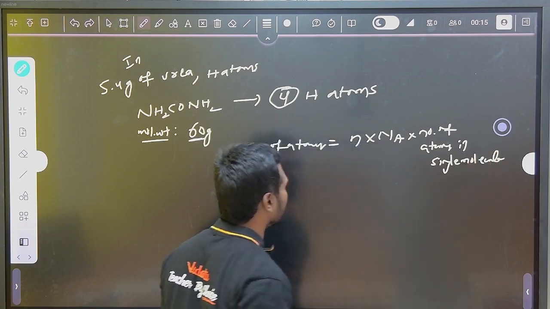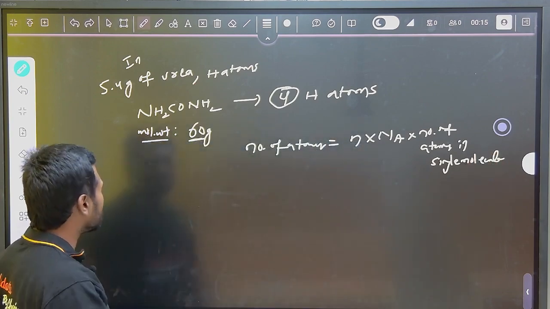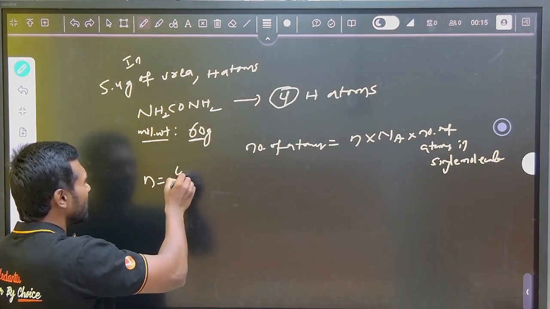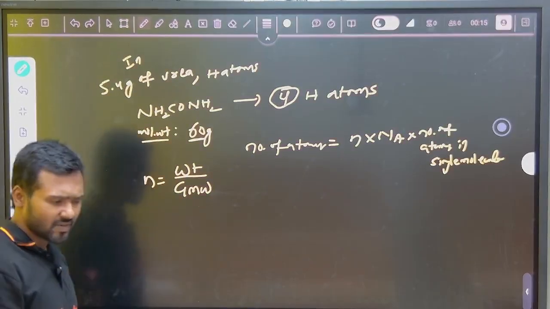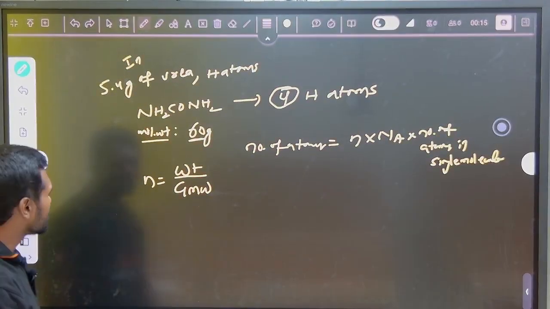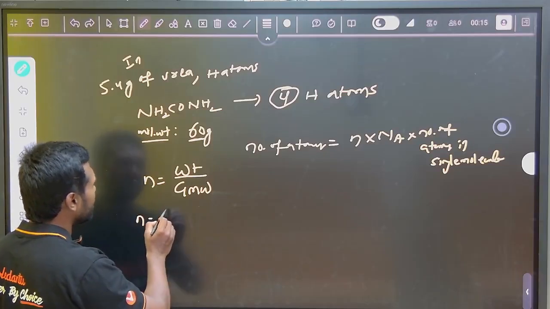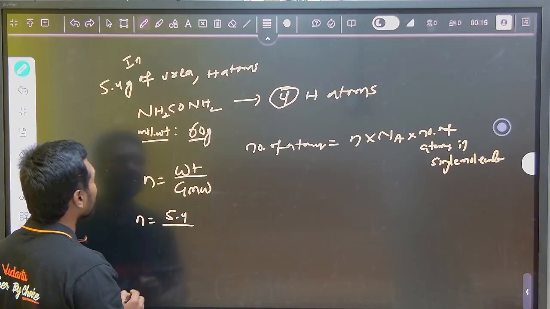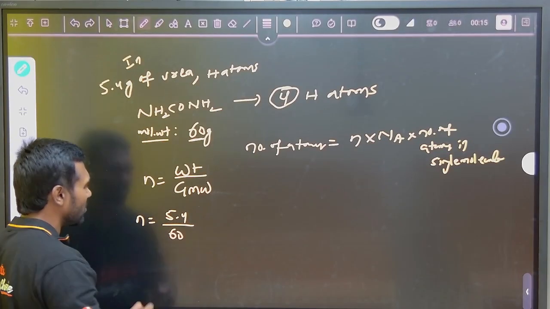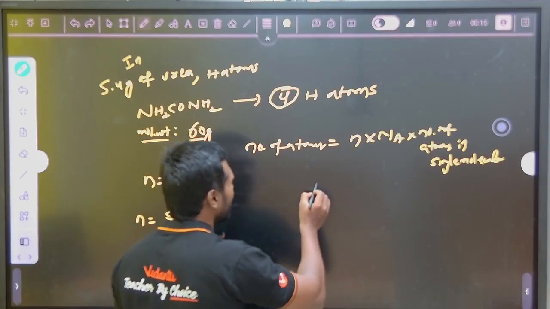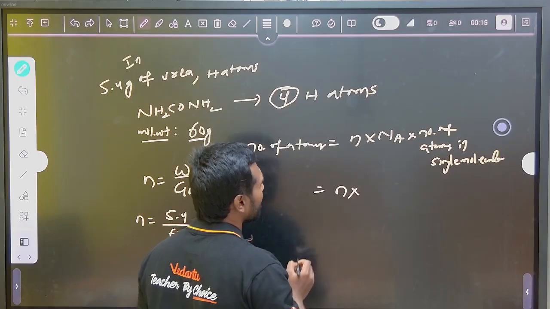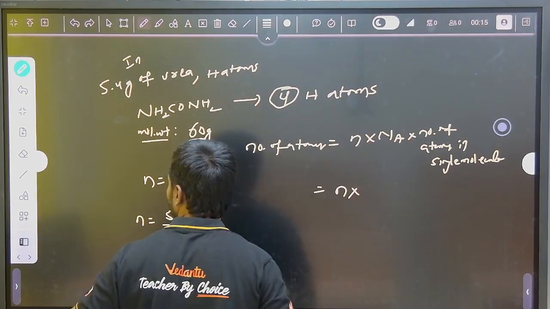Here number of moles is equal to weight by gram molecular weight, and if it is an atom, atomic weight. So n is equal to weight, they gave 5.4 grams, and gram molecular weight is 60 grams. Don't divide now; you will substitute directly there.